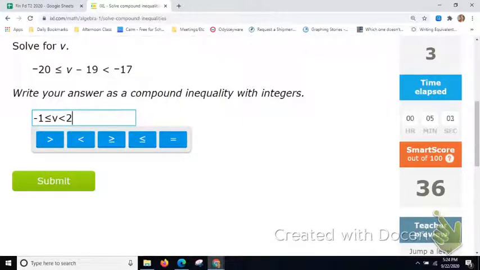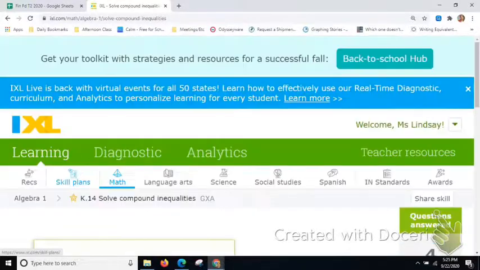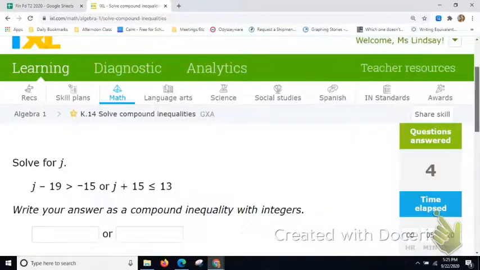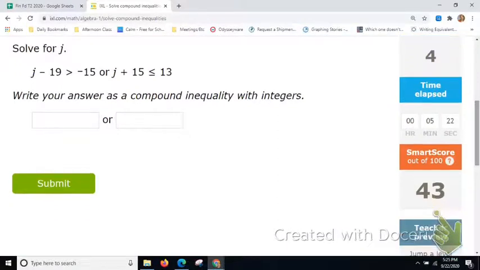When you get these answers, like negative 1, if you covered up the v, negative 1 is less than 2. That needs to be true. If it's not true, then something went wrong with your math. So these, when it's an "or", you're going to solve them separately. For the left side, I would add 19 to both sides.